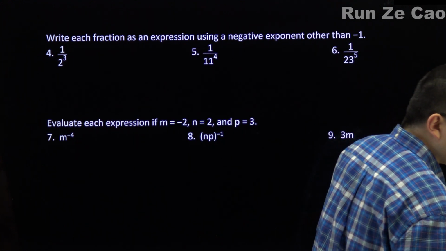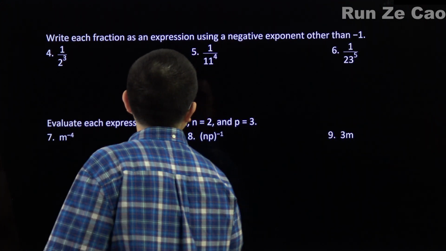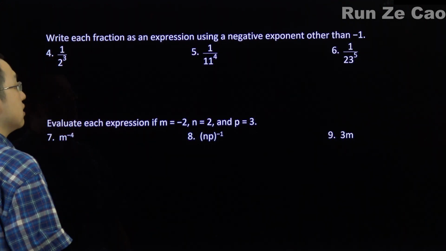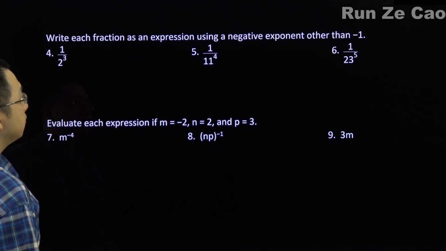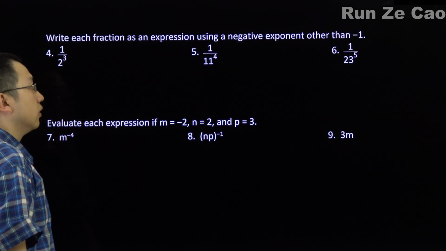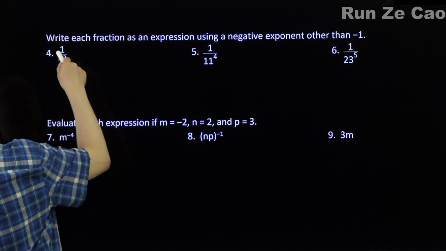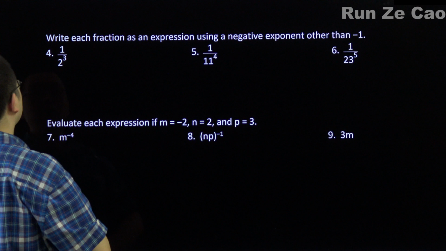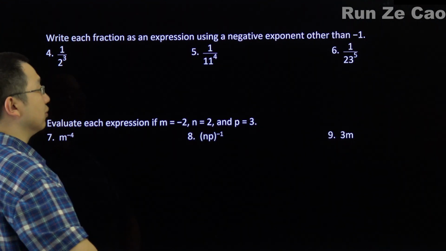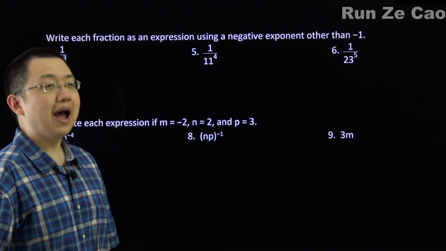Let's write each of these fractions as an expression using a negative exponent other than negative 1. So, in other words, you're not allowed to simplify first. You can't go, oh, 1 over 2 to the third is 1 over 8, therefore it's equal to 8 to the negative first power.